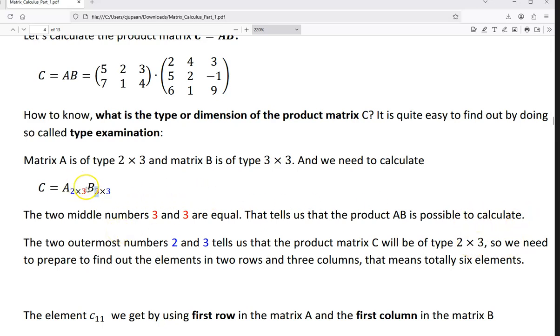If they were not equal, if for example the B matrix had 4 rows or 2 rows, then it would not be possible to calculate.